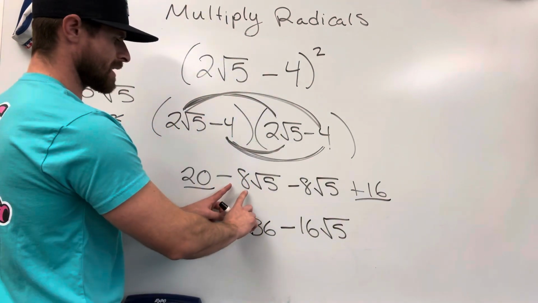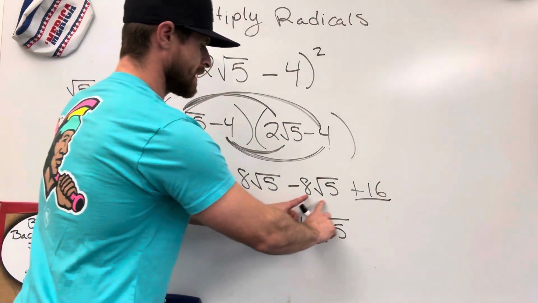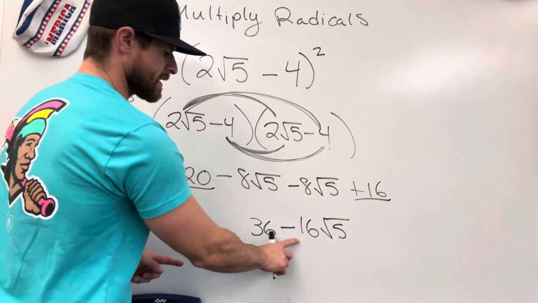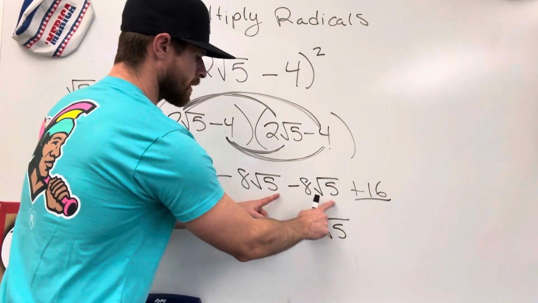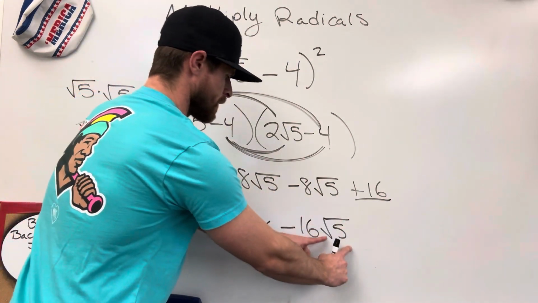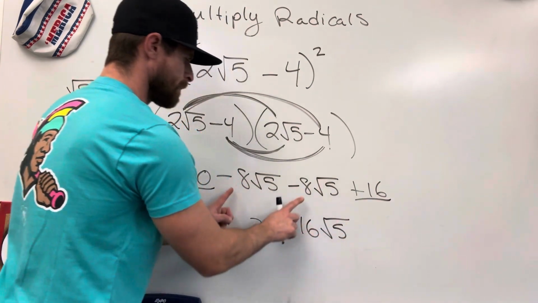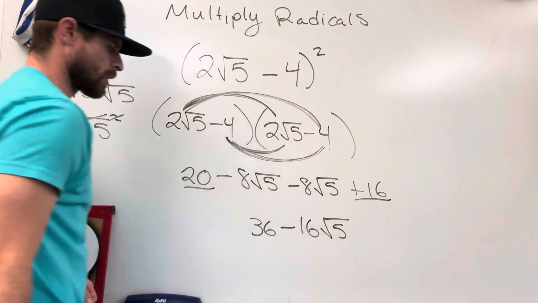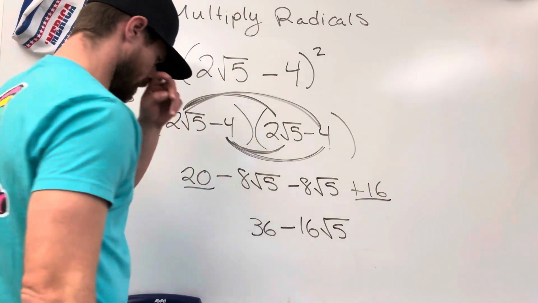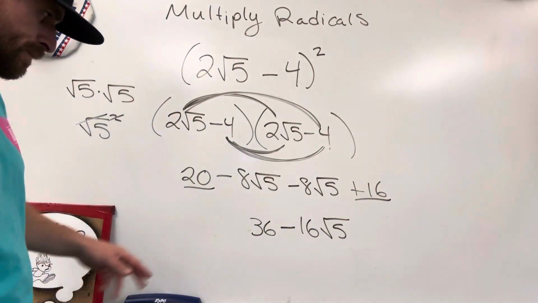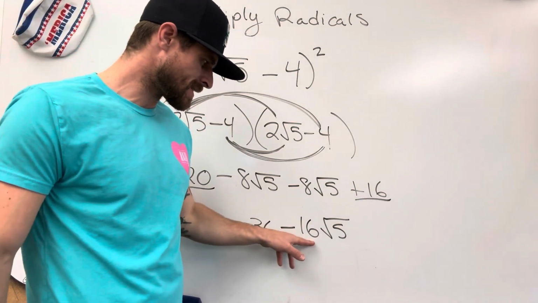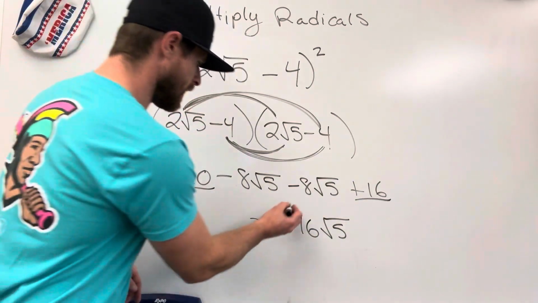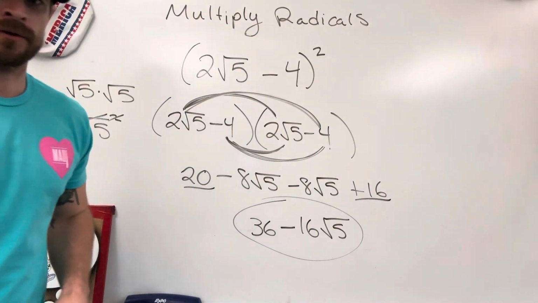Again, remember, treat this like -8x minus 8x. You would get -16x. So this part doesn't change. Your radical will stay the same, but then your coefficients are going to add together or combine together and get -16 here. So what I got now is 36 minus 16 root 5, which would be my final answer for this problem.